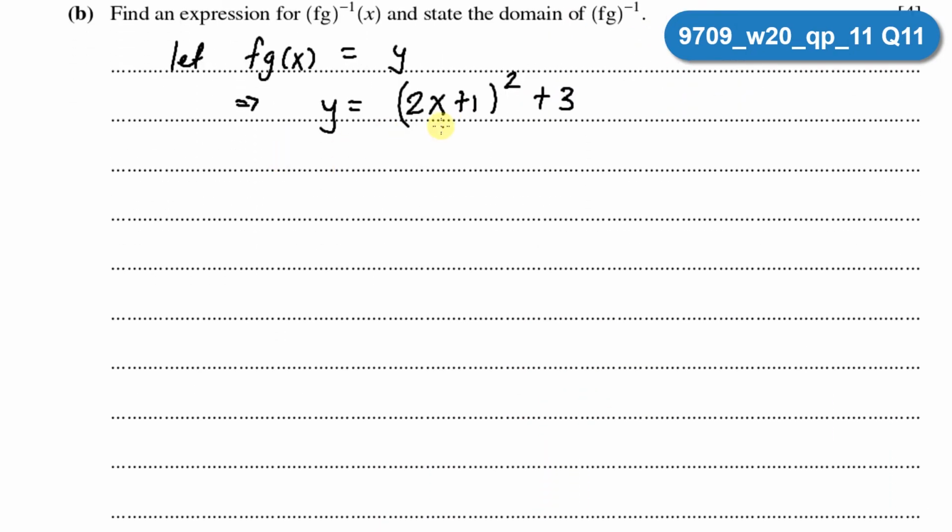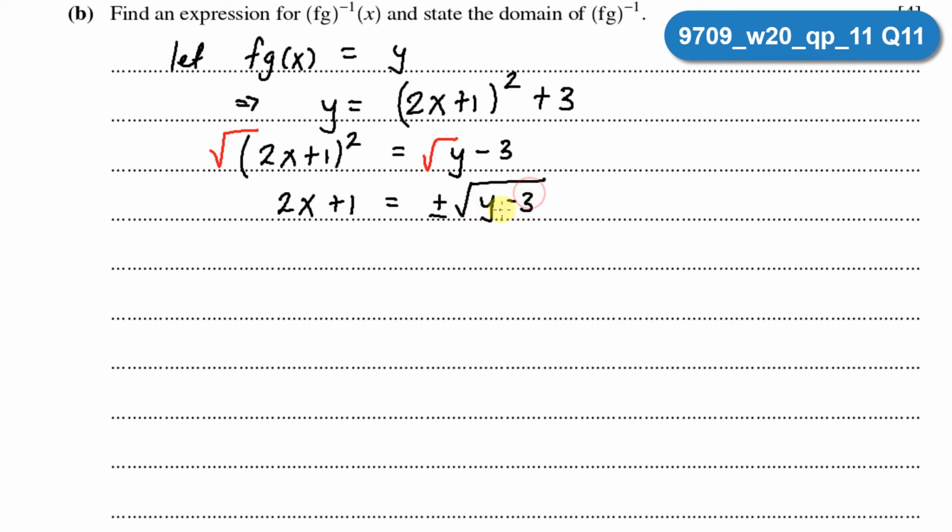So from here, we're going to make x the subject. So this is going to be 2x plus 1 squared is equal to, subtracting 3 from both sides, y minus 3. And from here, if I square root both sides, then I'll have 2x plus 1 is equal to plus or minus the square root of y minus 3.